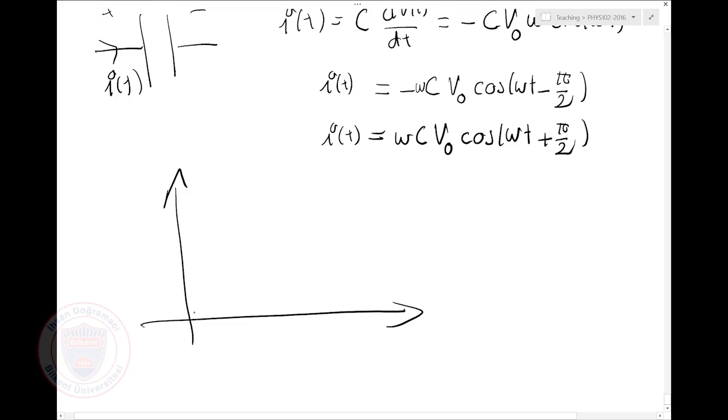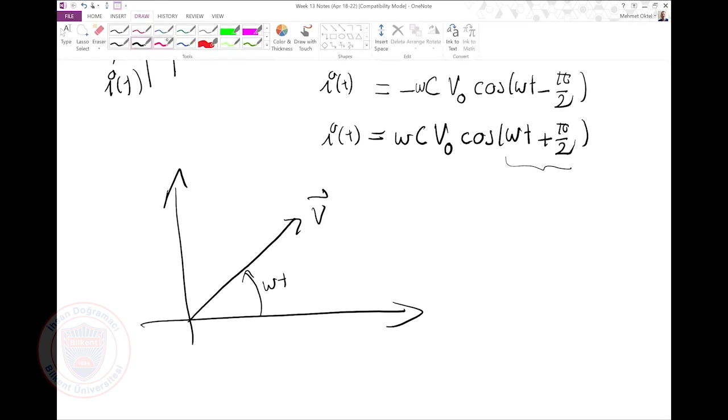Now, what does the so-called phasor diagram look like here? First of all, my voltage, if it's a vector like that, if it's at angle omega t at some time, clearly I of t is at an angle which is pi over 2 in front of that.